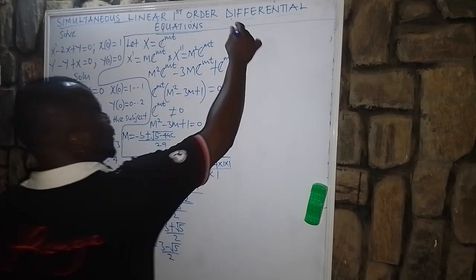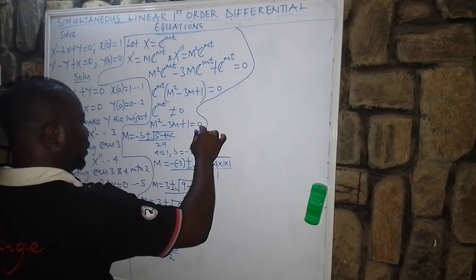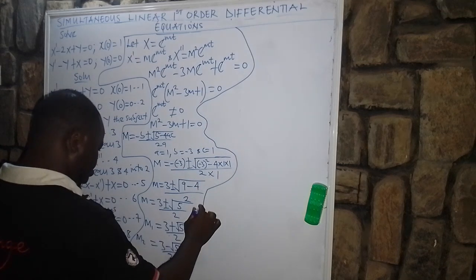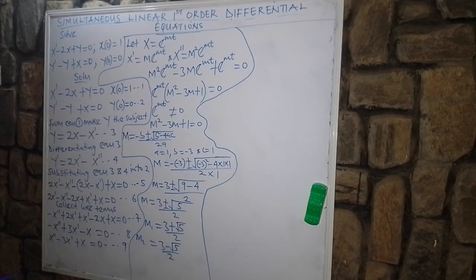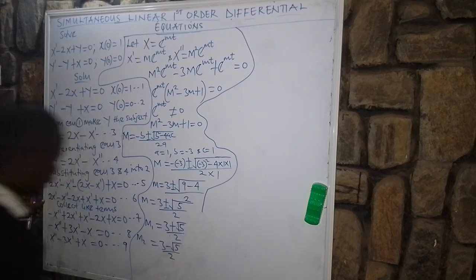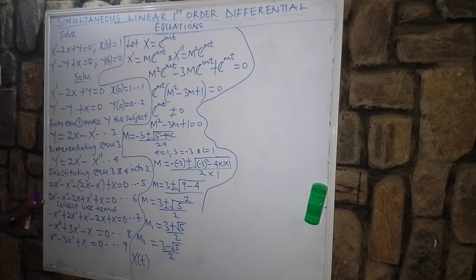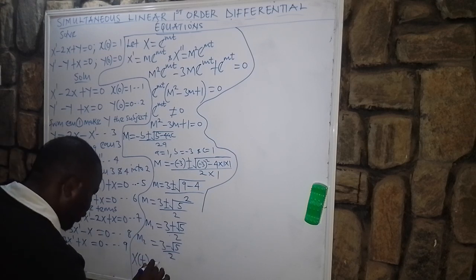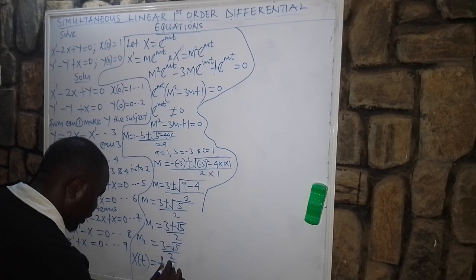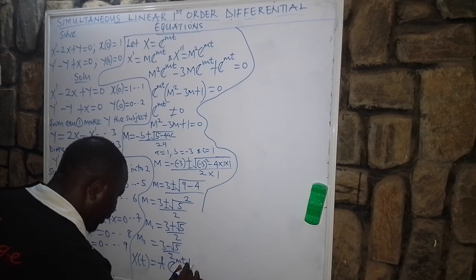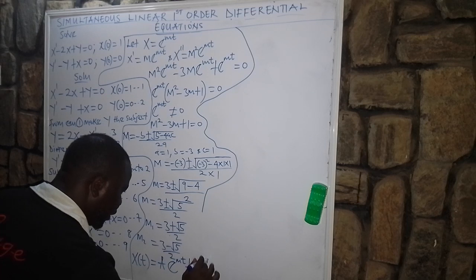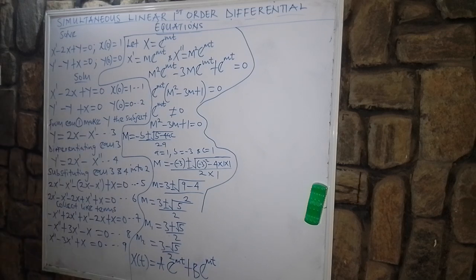since we are talking about x, our general solution will now be our x of t equals either c1 or a exponential m1 t, then plus b exponential m2 t.